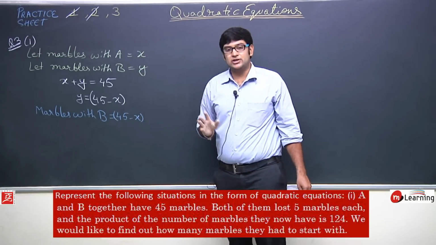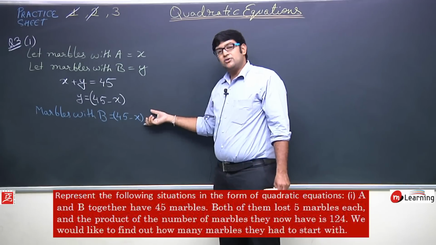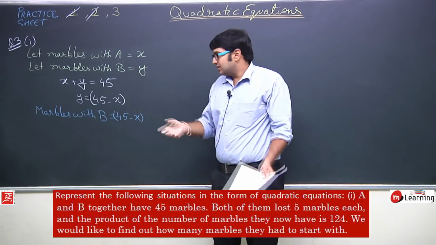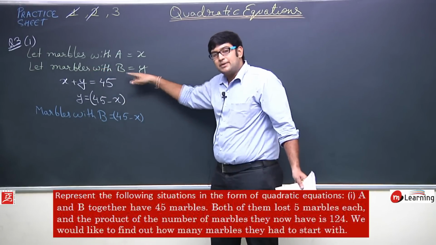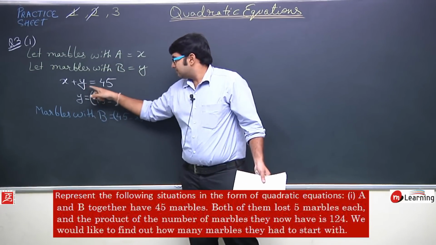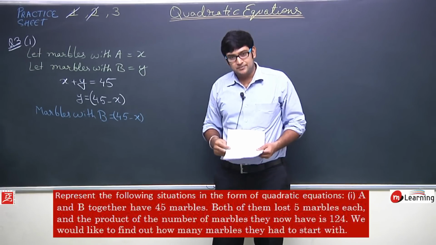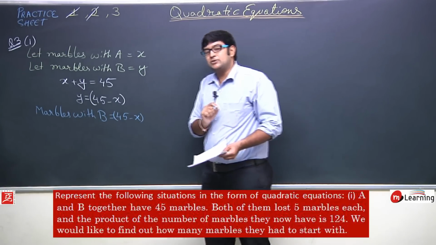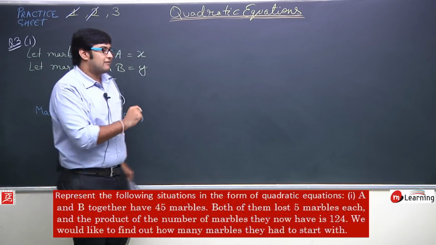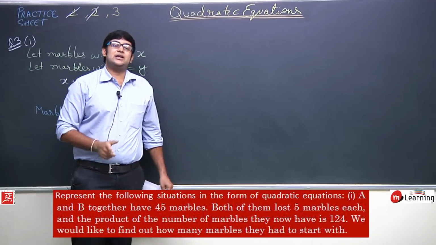You could also eliminate x, and write the marbles with B as y and the marbles with A as 45 minus y. Please remember, when you solve quadratic equations you need to use only one variable. That's why I have eliminated y. This condition is very important.